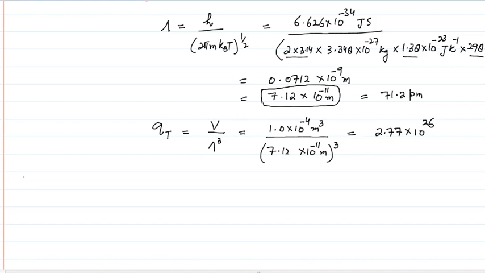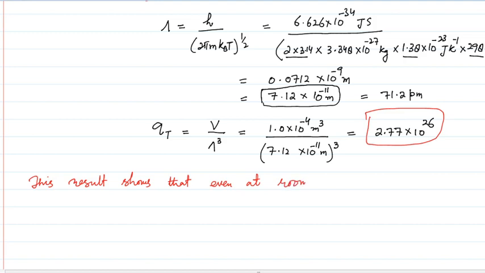So what is special about this result is, if you concentrate on this result, it basically shows that even at room temperature, we have considered the room temperature condition, that means 25 degrees centigrade, about 10 power 26 thermally accessible states are available.